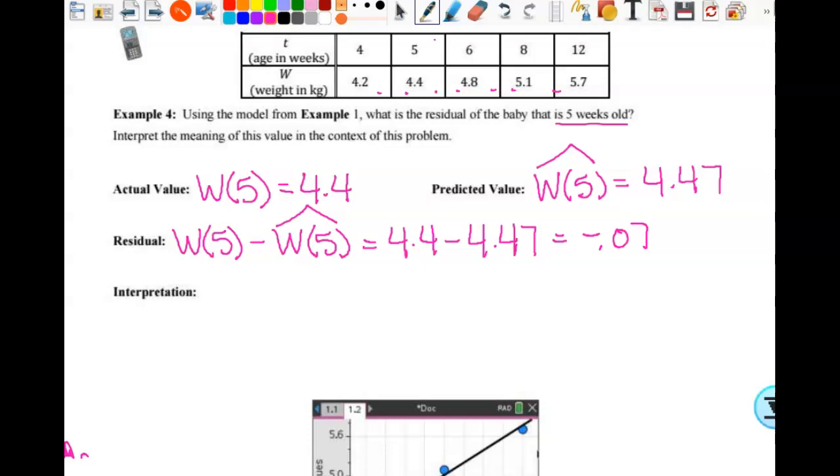What are the units here? Kilograms, right? Okay, so let's think about what this means. Now, we haven't talked about what a negative or positive residual means, but think about what we just did. Which one's bigger, the actual or the predicted? The predicted. Okay, so is our model an overestimate or an underestimate?